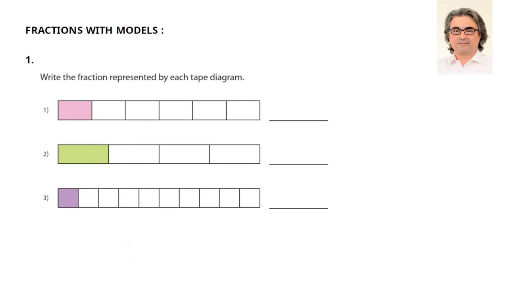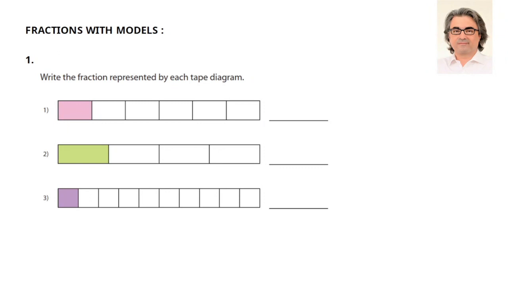From our previous lesson, we told that a fraction has two parts, namely numerator and denominator. The number on the top is called the numerator and the number on the bottom is called the denominator. The numerator defines the number of equal parts taken, whereas the denominator defines the total number of equal parts in a whole.